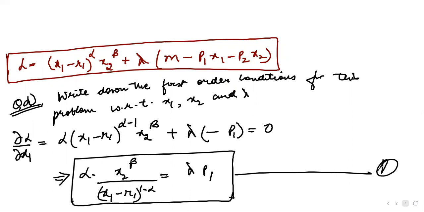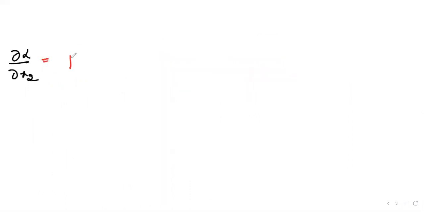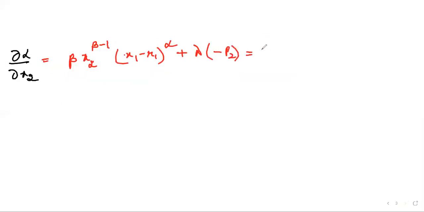Now let's write down the second equation. So del L by del x2, you differentiate this function with respect to x2. So you get beta x2 to the power beta minus 1, and then you get (x1 minus r1) to the power alpha plus lambda into minus P2, and you equate it to 0.